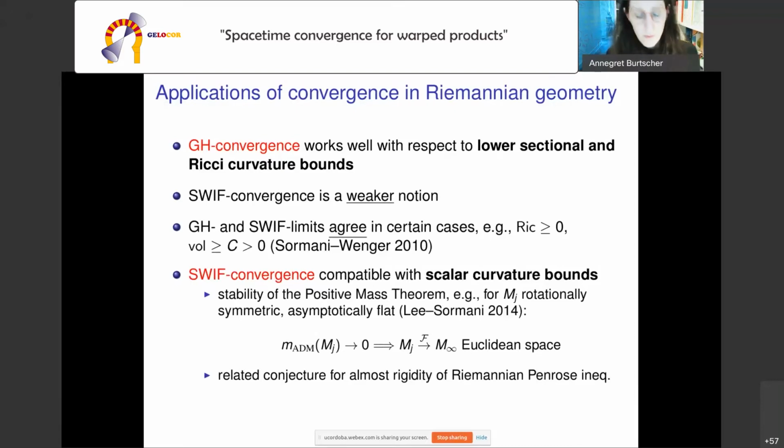One of them is the work by Sormani, who showed that if the ADM mass of rotationally symmetric asymptotically flat Riemannian manifolds converges to 0, then in the intrinsic flat sense, the manifold converges to Euclidean space. This is just to give a brief idea of how these notions of convergence can be used, and what results are already known that are somewhat related to general relativity.